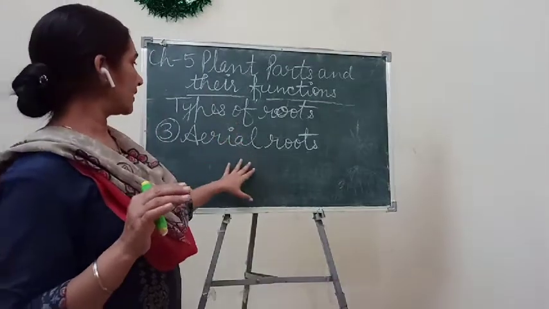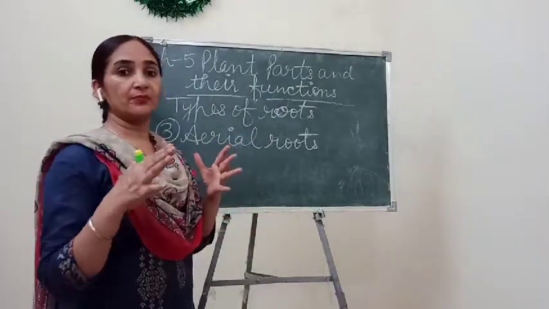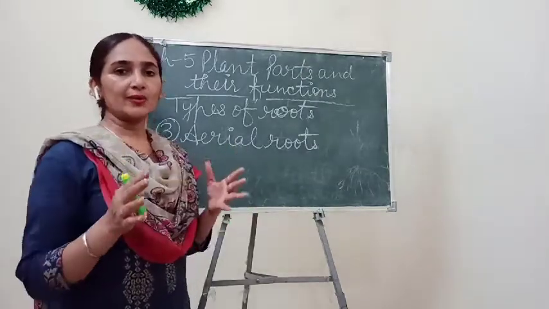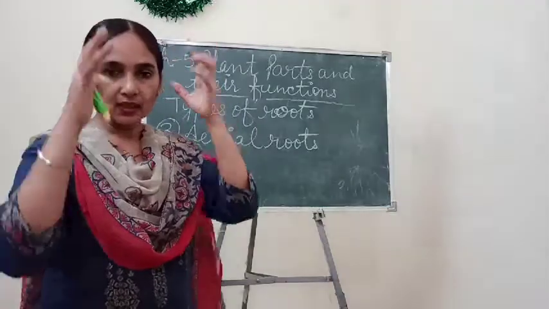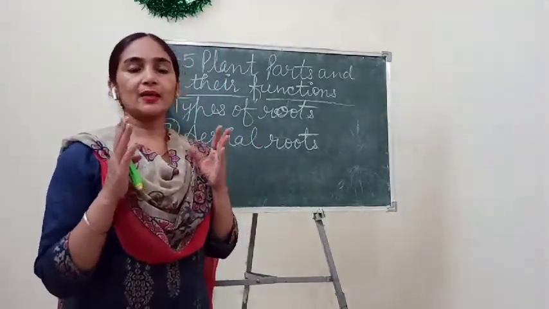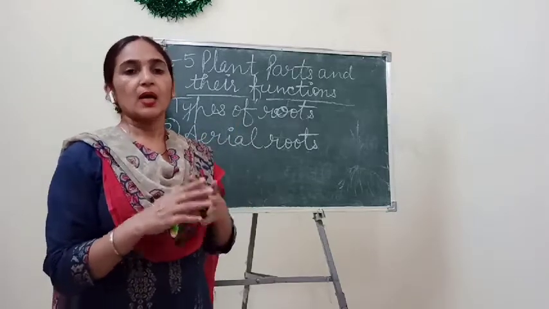We studied aerial roots in the case of the banyan tree. In the banyan tree, you know that roots hang from the branches of the tree so that they can give support to the plant.